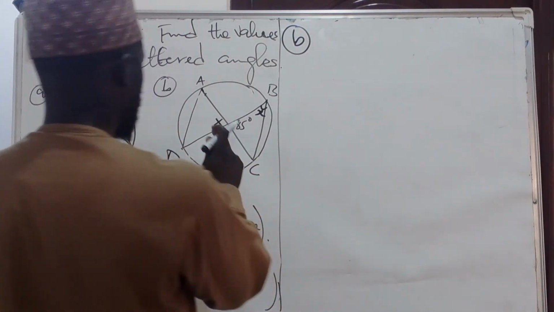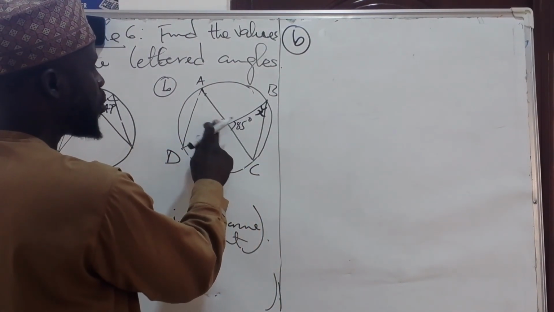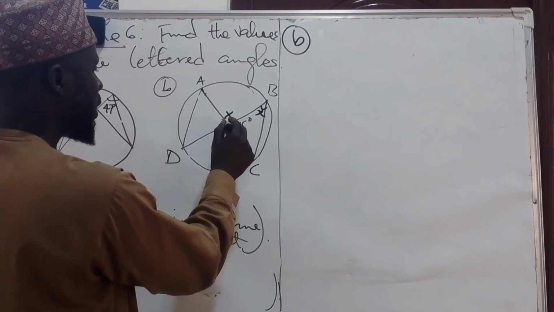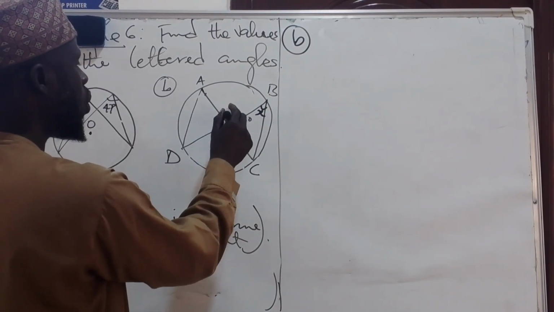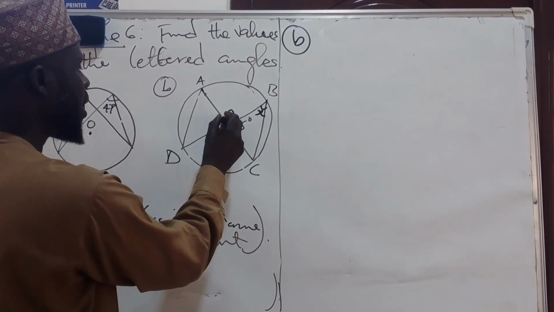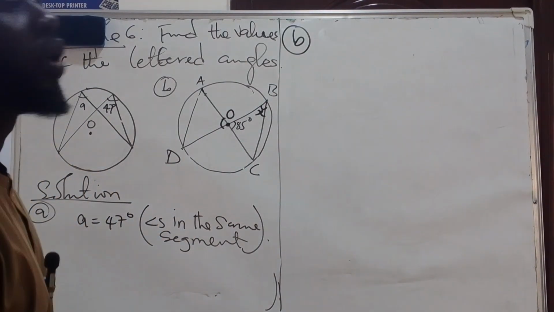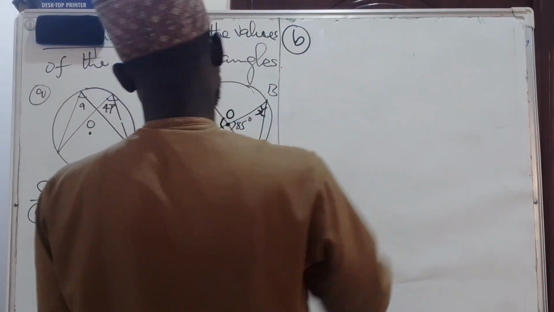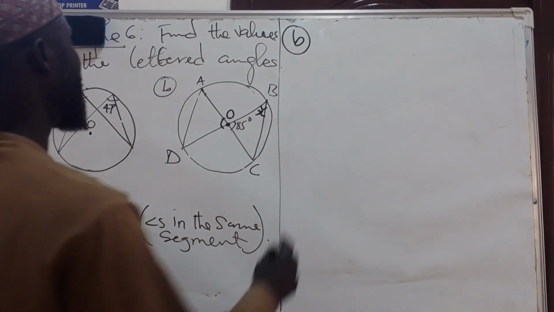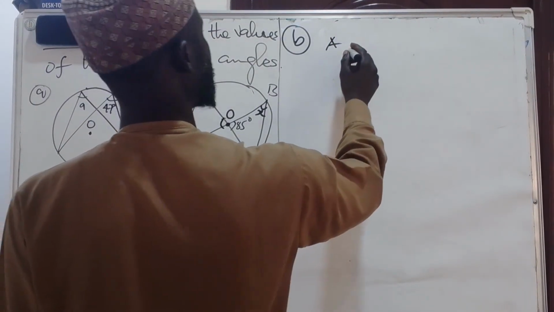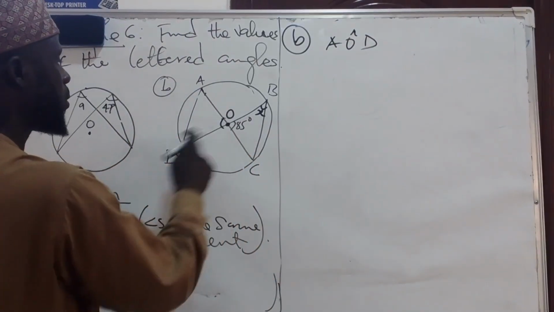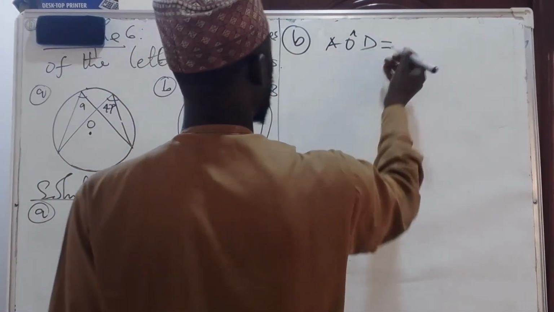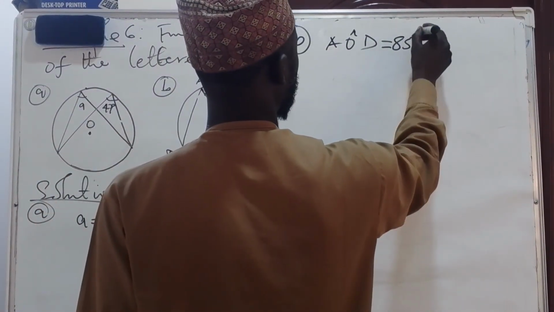So the center is O. O is the center of the circle. Now to solve this, we need to say that angle AOD, this angle here, is equal to 85 degrees. Why?